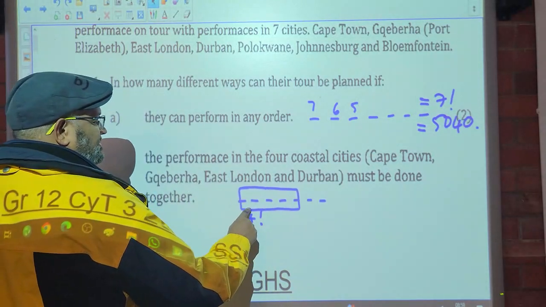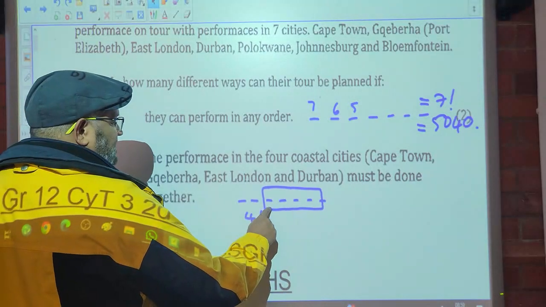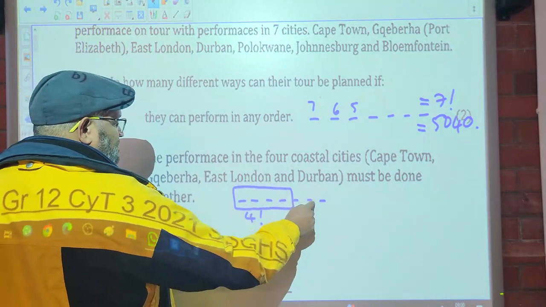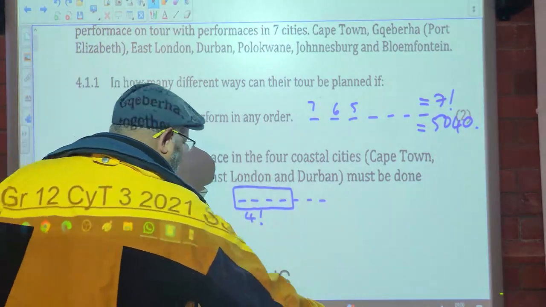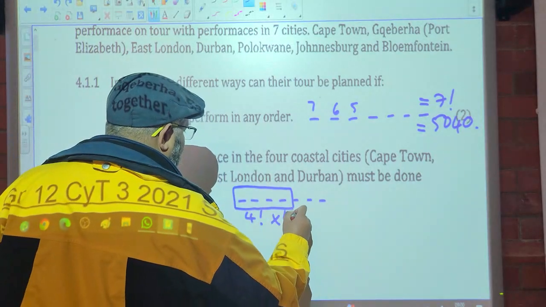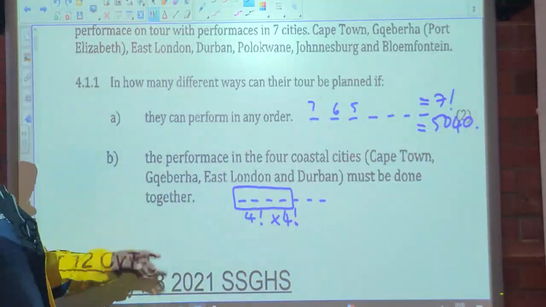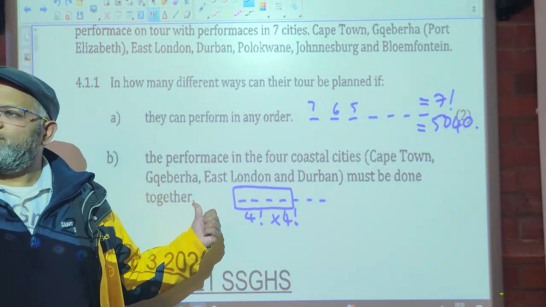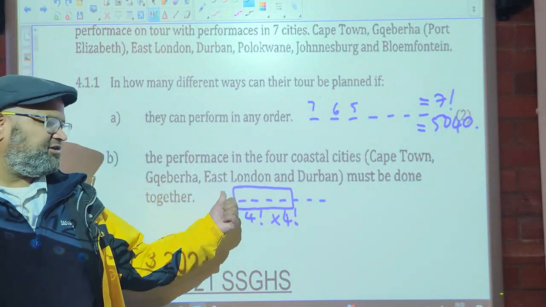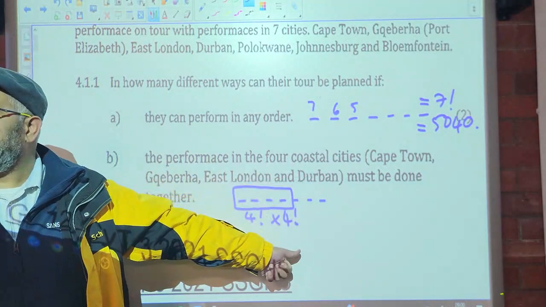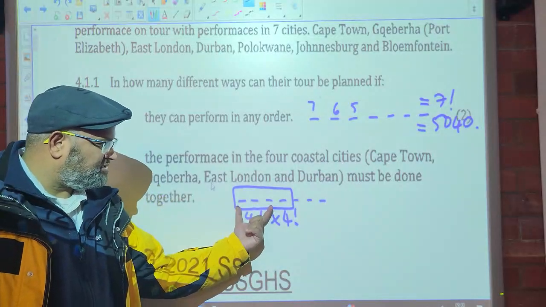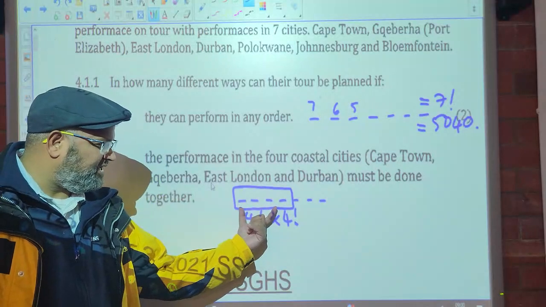So it's 1, 2, 3, 4. Can you see that? So I multiply this by 4 factorial. Because it didn't say that you have to start off with the 4. It didn't say you must end off with the 4. You understand? That is why this binding of that bids can happen there.